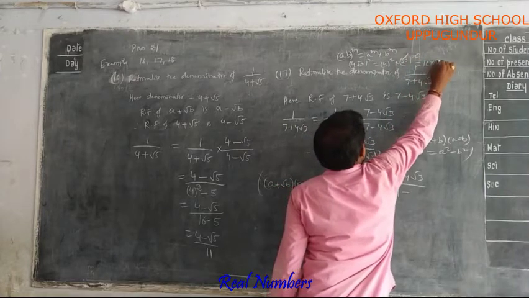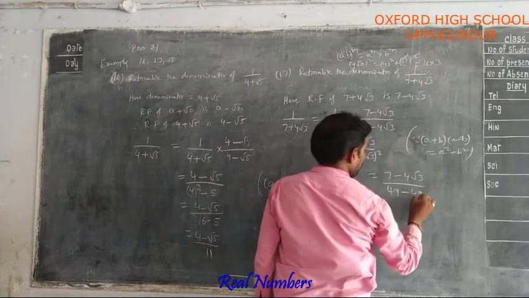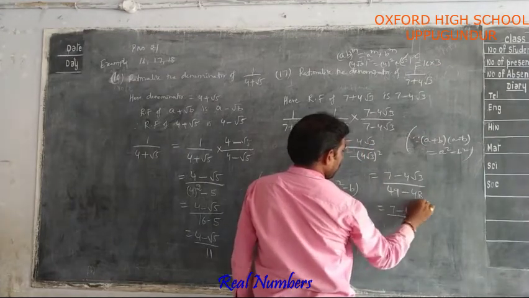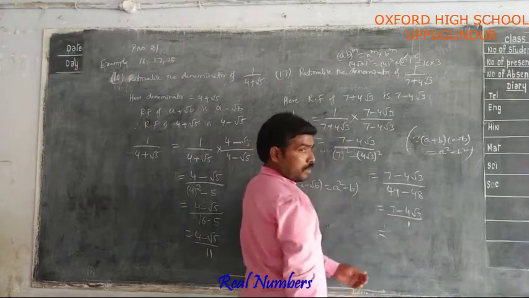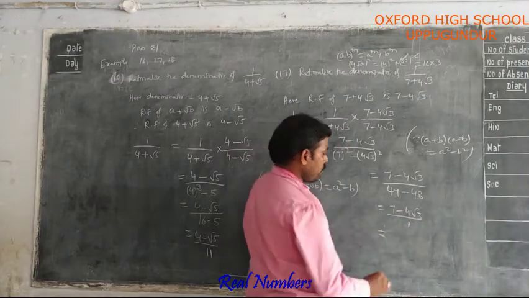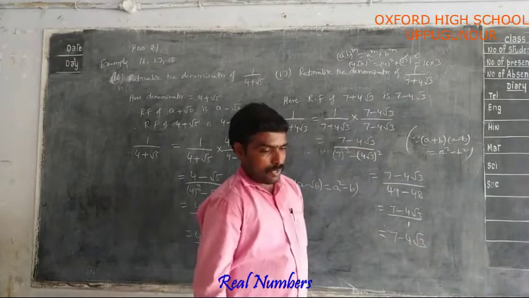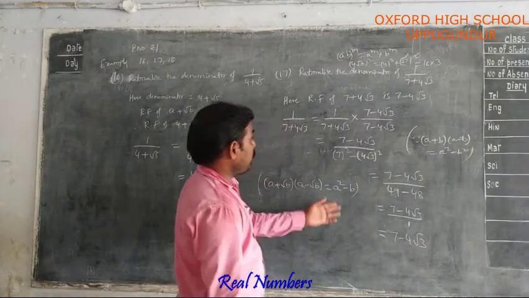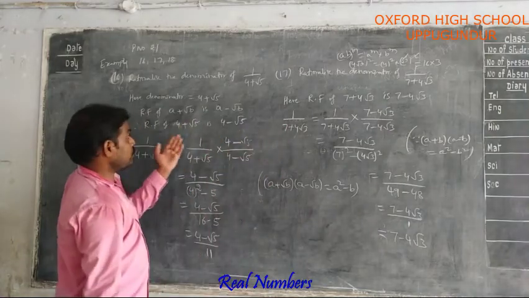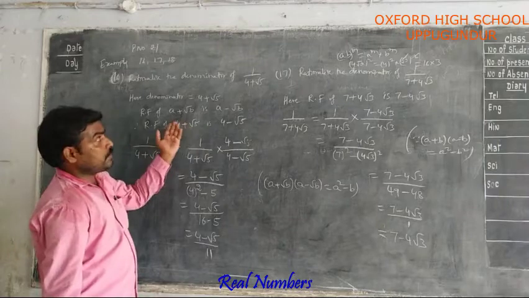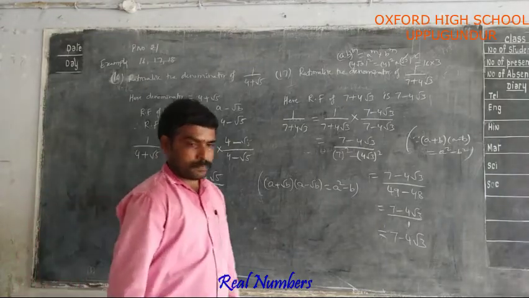Square and root cancel, 16 into 3 is 48. So 7 minus 4 root 3 by 49 minus 48, which is 1. Any rational number divided by 1 gives the same number, 7 minus 4 root 3. So in this way you can rationalize the denominators of these two. This is about the 6th problem and the 16th and 17th problems.